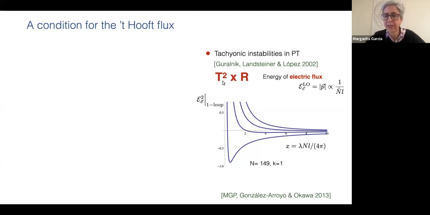Okay, so if you work in a finite volume, 't Hooft showed us that the physical states are parameterized by a quantum number that is called the electric flux. And with twisted boundary conditions, it is easy to see at leading order what is the energy of these electric fluxes because it's just given directly by the momenta. And the momenta, I told you, is quantized in units of n hat times L, this effective volume, okay?